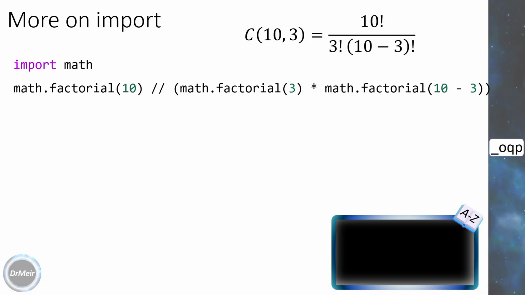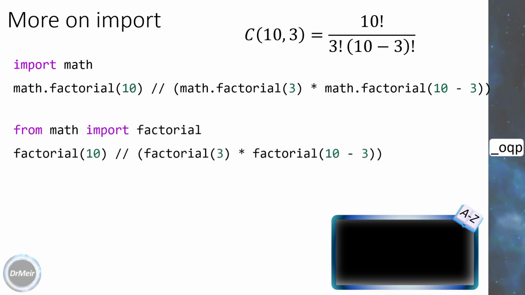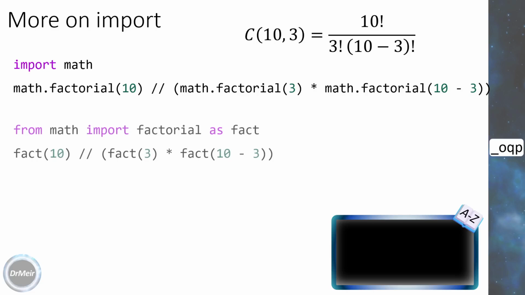When specifying the module name before each function call makes your code hard to read, as in this case, you can directly import the needed functions. You can also specify several functions separated by commas. Optionally, you can even assign an alias to a function. In this example, I use this to give the factorial function a shorter name.